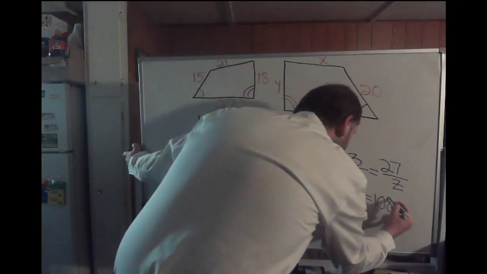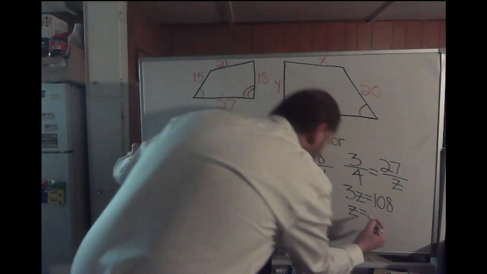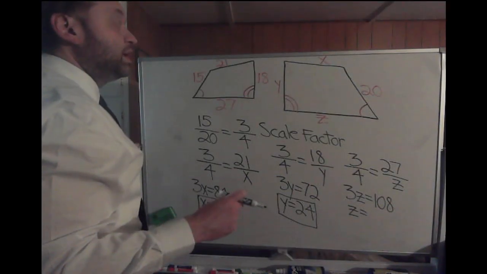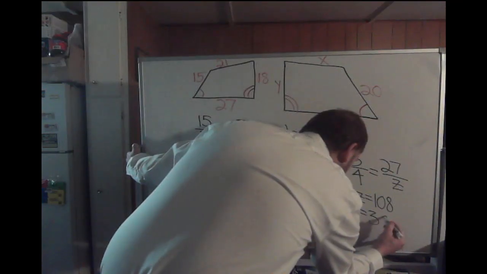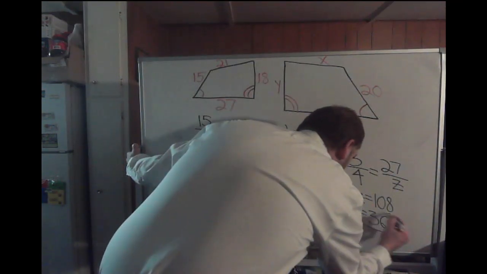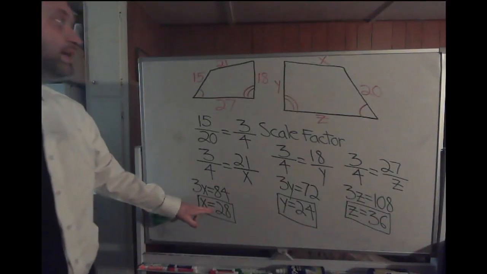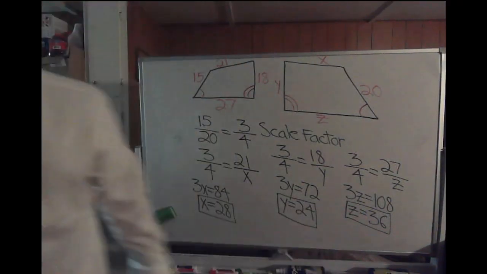So 3z is equal to 108, which would then have to mean that z, so 108 divided by 3, is 36. So z would have a length of 36. So in this case, you should get x equals 28, y equals 24, and z equals 36.